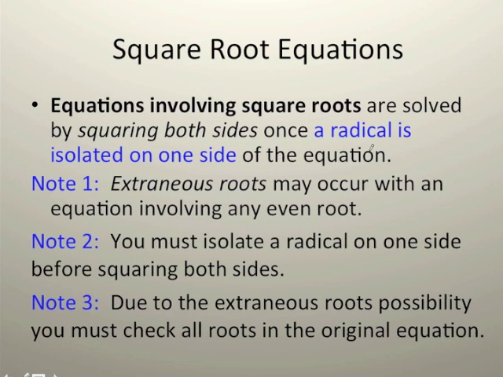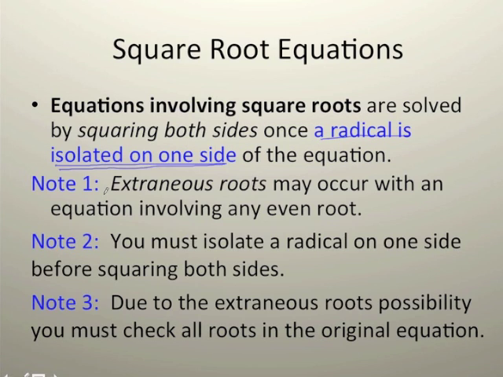Now we have square root, or sometimes called radical equations. Equations involving square roots are solved by squaring both sides once a radical is isolated on one side. Notice it has to be isolated on one side of the equation. Now, some notes.